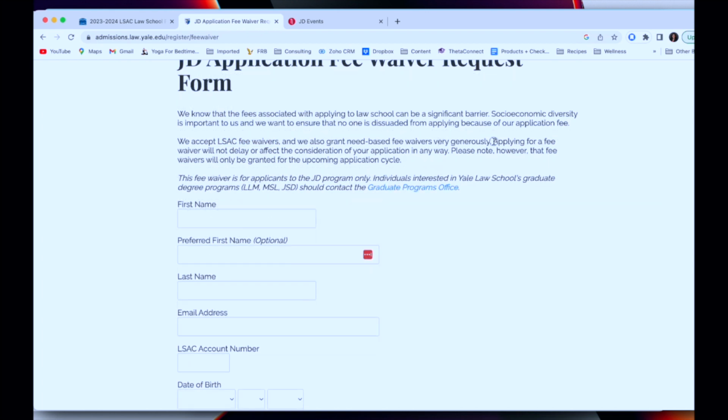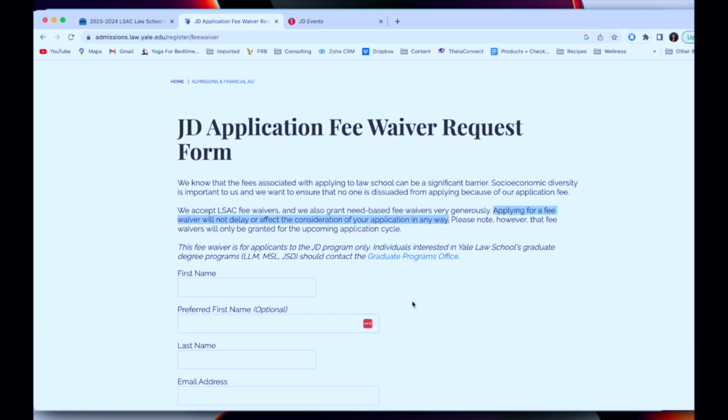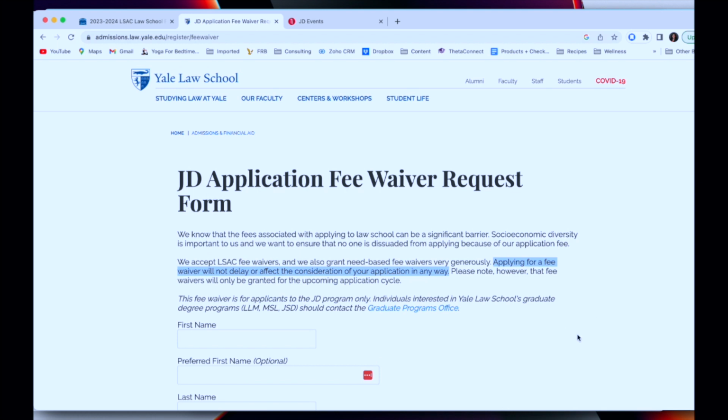Applying for a fee waiver will not delay or affect the consideration of your application in any way. I know sometimes people are like, oh my gosh, if I apply, will this hurt my chances of getting in? It absolutely will not. Different schools ask for different information, but you can find that by just typing in the school and fee waiver request and seeing if the school has any specific requests.